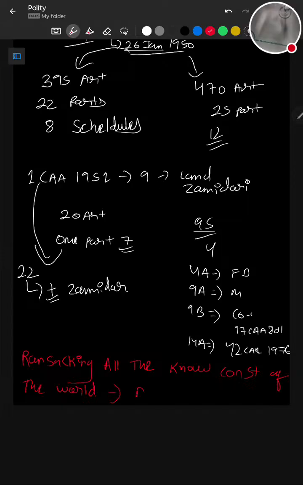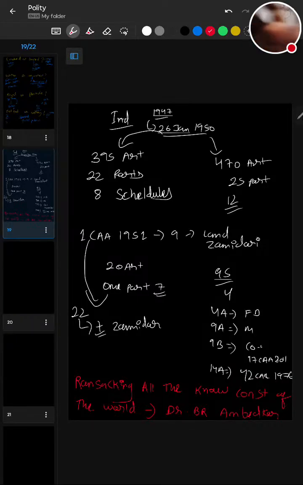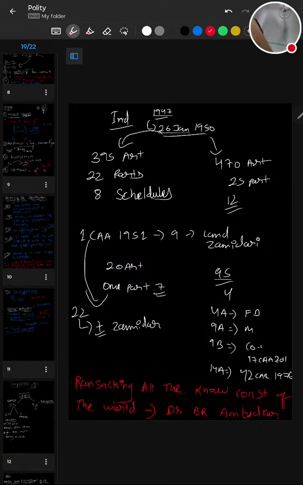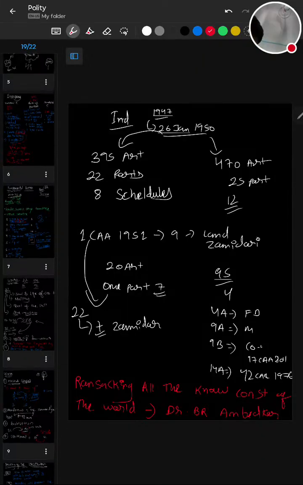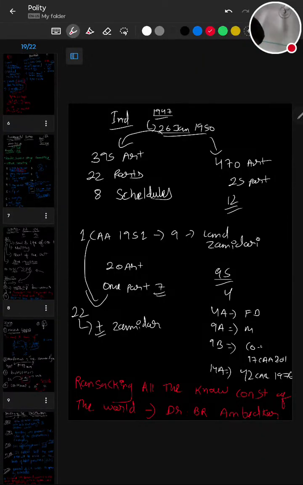So we are taking from every constitution of the world. We are just taking everything from every part of the constitutions, right? So let me show you what we have done previously. I could give you an example here.